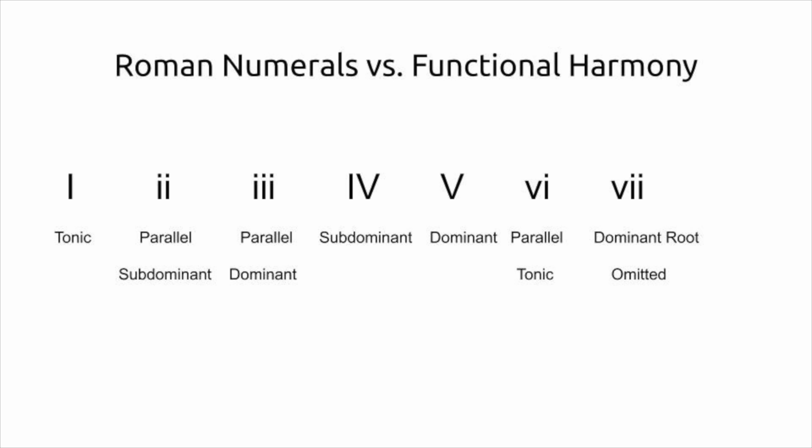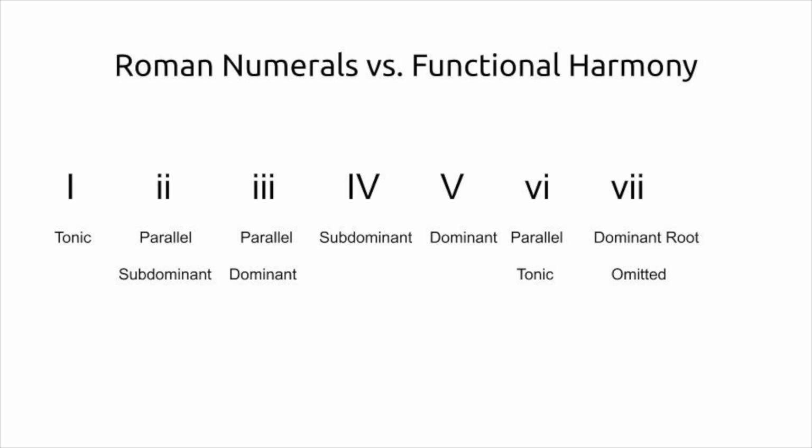If we want to understand what 2-5-1 stands for, we have to move from the Roman numeral analysis of harmony. So in diatonic harmony we have 1 chord, 2, 3, 4, 5, 6, 7 and back to 1.